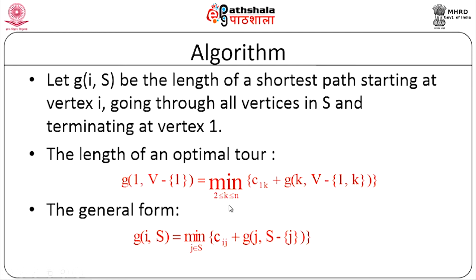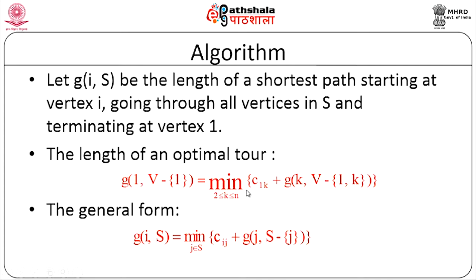k is going to be our intermediate city, and it is the distance from 1 to k plus the function g of k, where I have visited 1 and k already. Therefore, I can go to my home via any node except 1 and k.